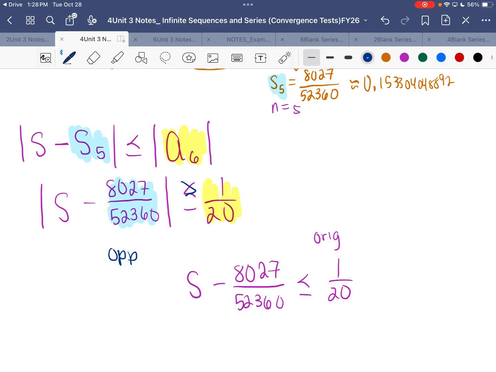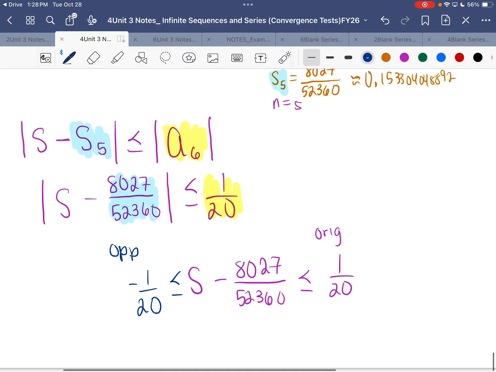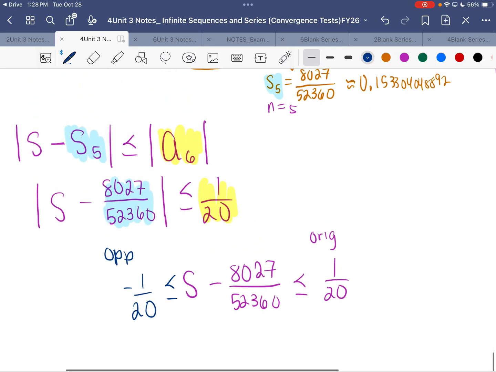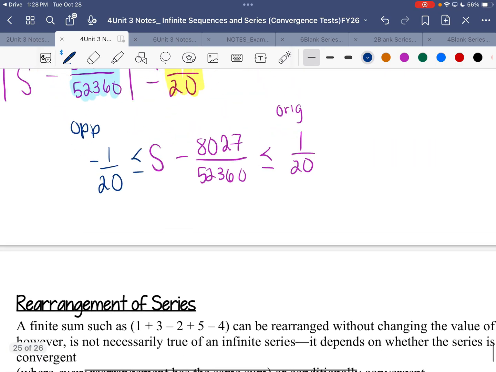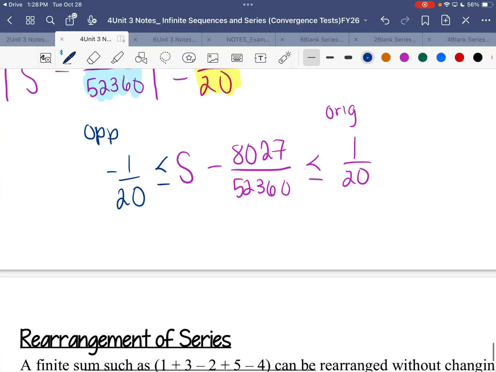So when I flip that over and write it on the left side, it's going to be this way. And I'm just adding that crazy fraction to both sides.